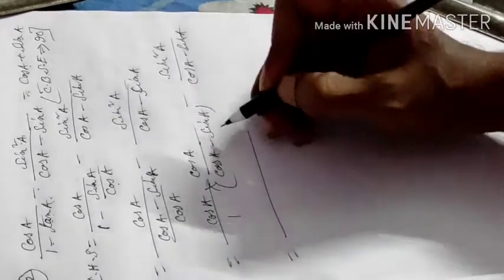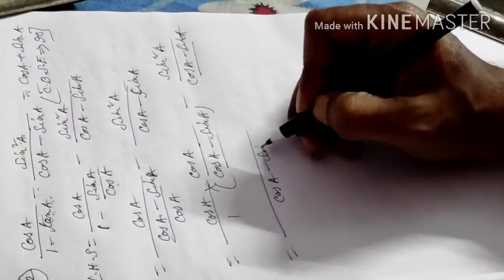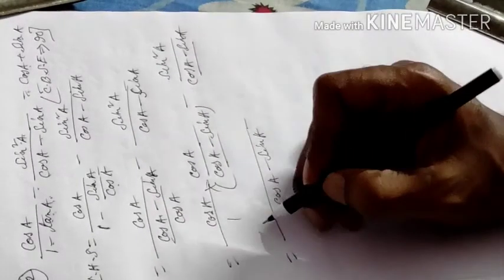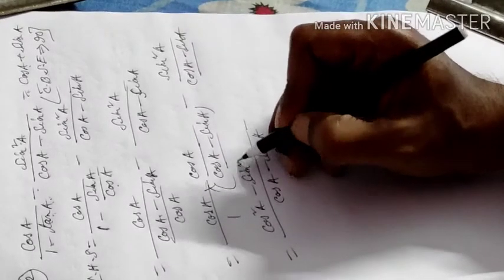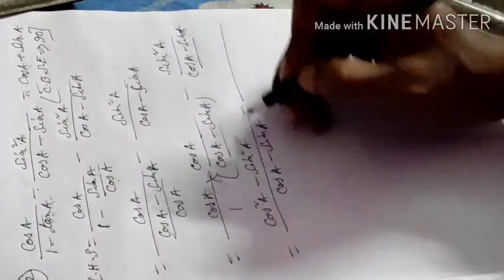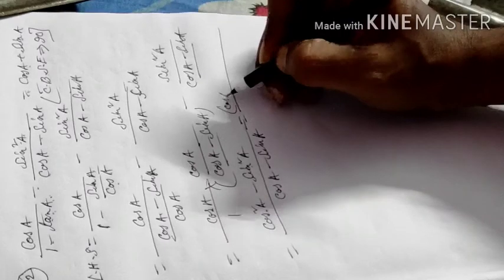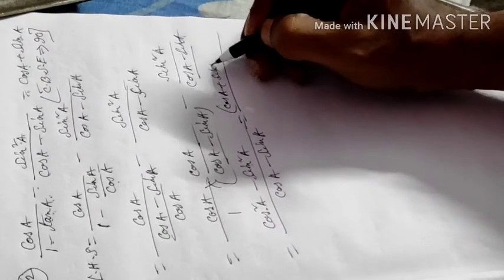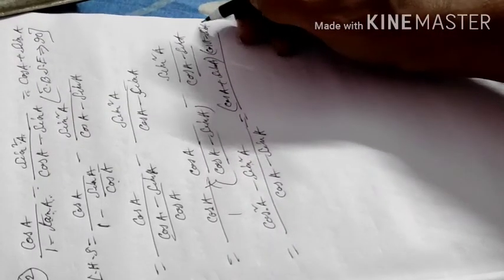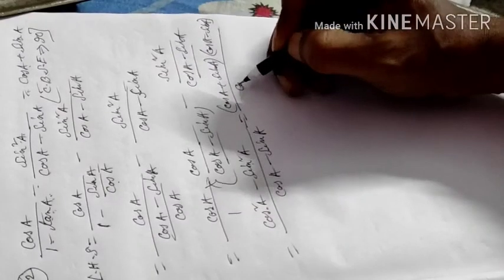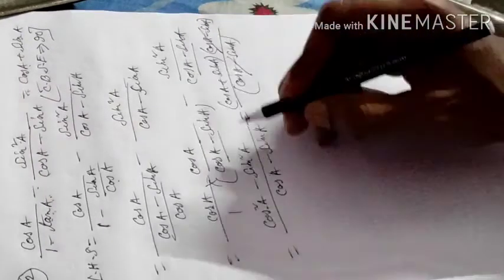So the denominator is cos A minus sin A, and the numerator is cos square A minus sin square A. This is a square minus b square, which is (a plus b) into (a minus b), by cos A minus sin A. So cos A minus sin A, cos A minus sin A cancel out.